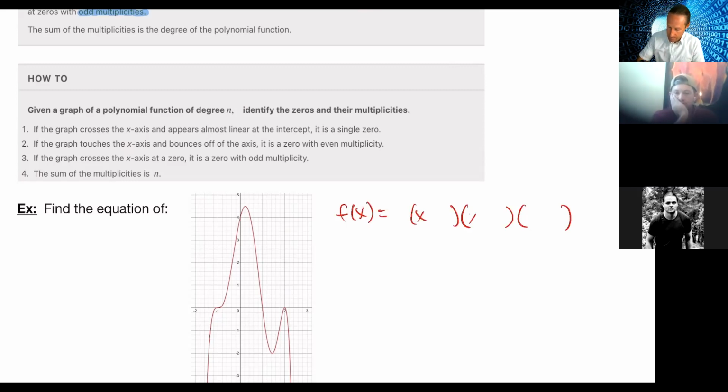Along that x-axis. Where are they located? -1, 1, and 2. Good. But how do we translate that over to our function? It's going to be x plus 1, x minus 1, and x minus 2.